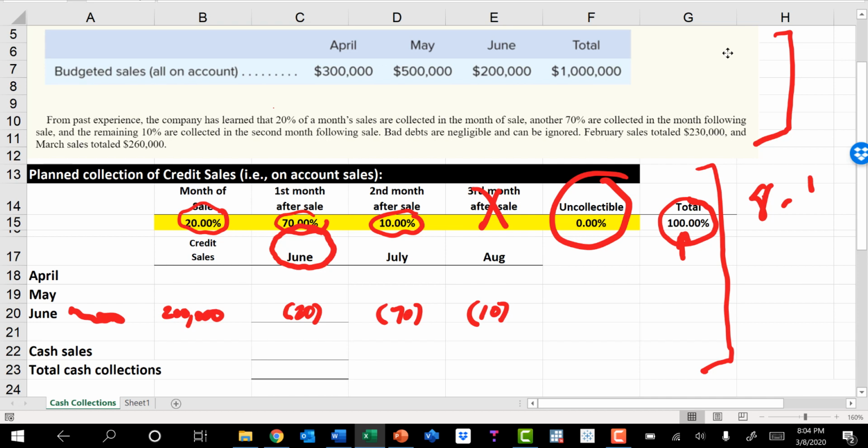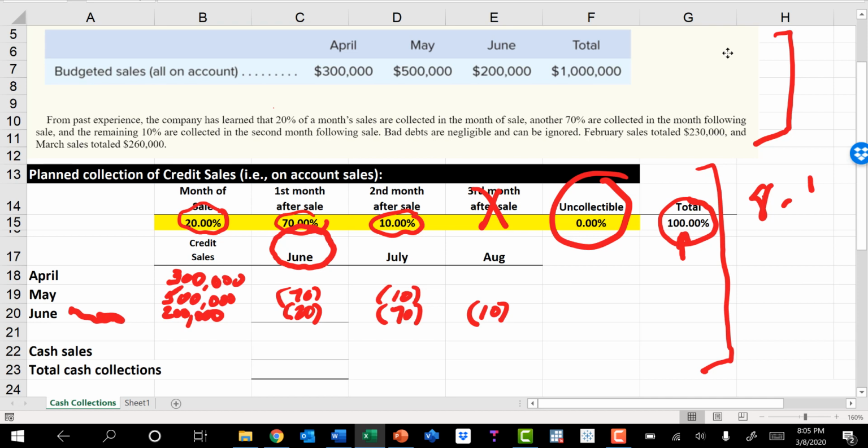When it comes to May, the credit sale was $500,000. And how much of that would I collect in June? June would be the first month after May, so I would get my 70% here. And that would leave me with 10% out here in July. Okay. And then in April, I've got $300,000.